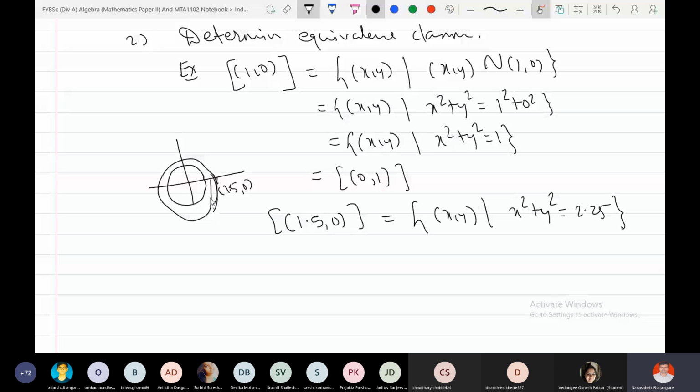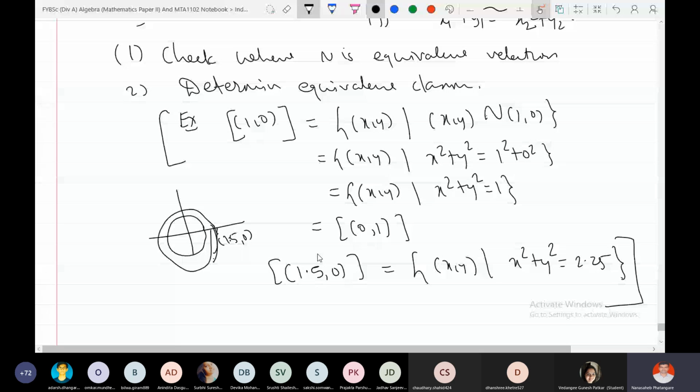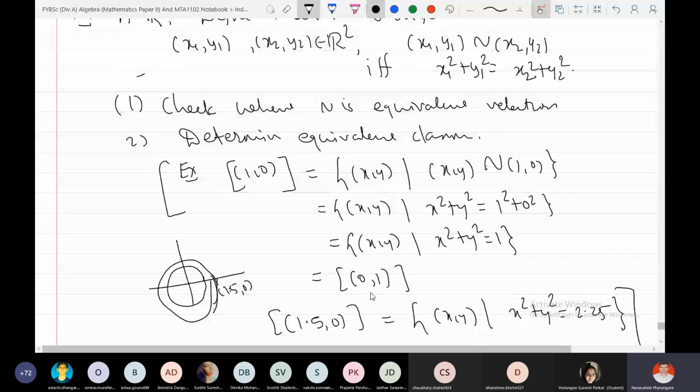You check this, right? This is just for understanding, this is not expected. If our problem is to determine an equivalence class, this is not necessary, this is for your realization or understanding. This is not a part of the proof, but if you are asked to find the equivalence class of (1, 0), then you can find this.